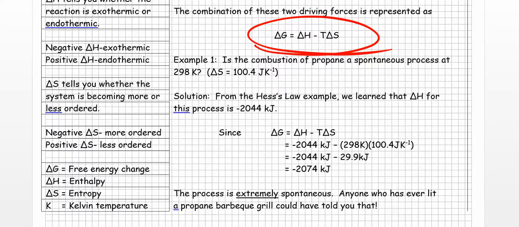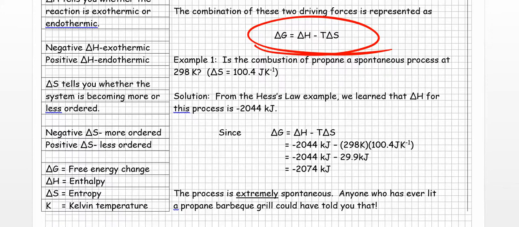So here's how we would arrive at the solution. From Hess's law, we looked at the delta H and found it to be negative 2044 kilojoules. So that was the number that was arrived at. It was a negative number. That meant that the process was highly exothermic, right? That it gave off a lot of heat. Now we want to know, is this process spontaneous or not?